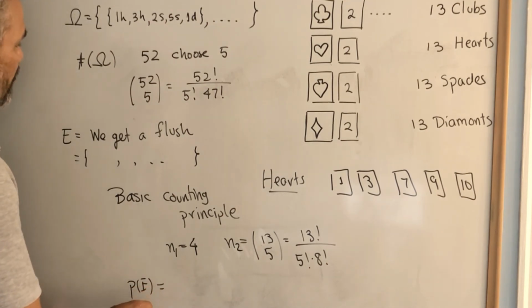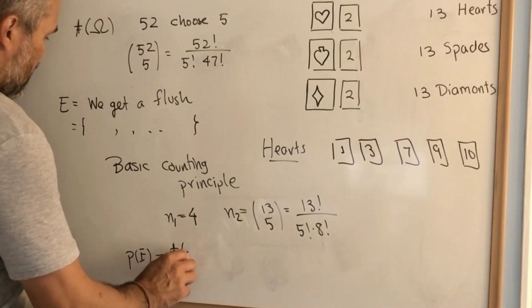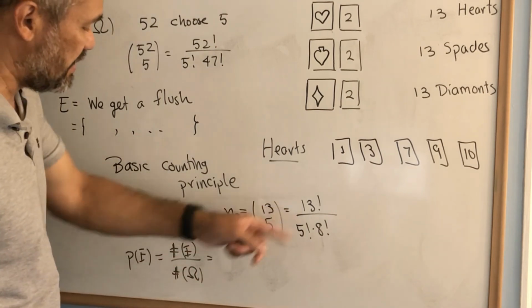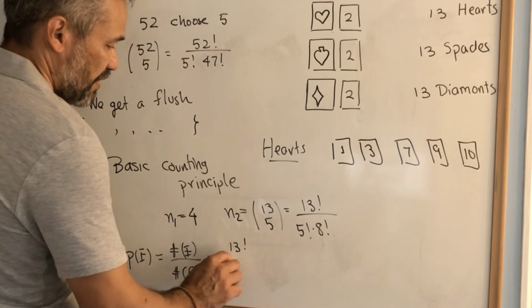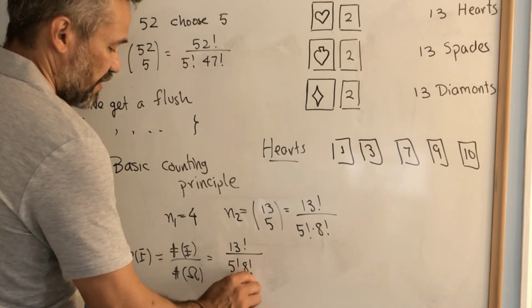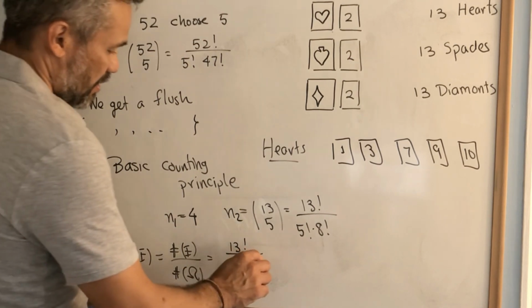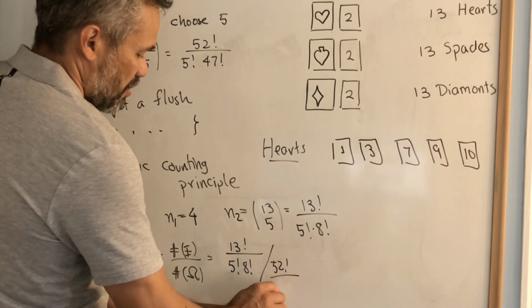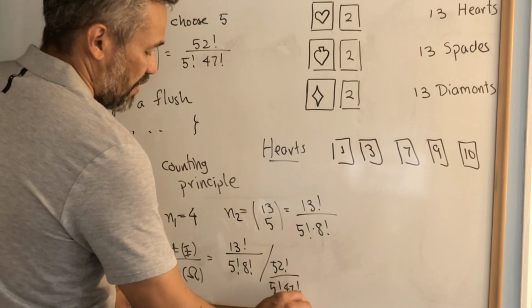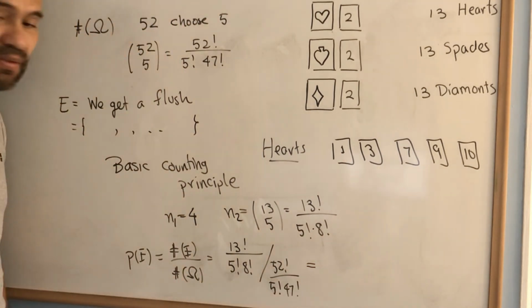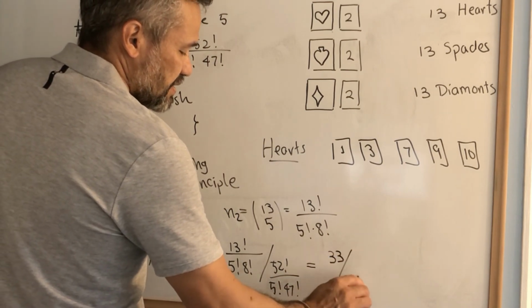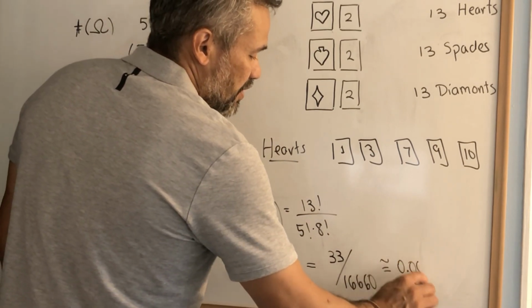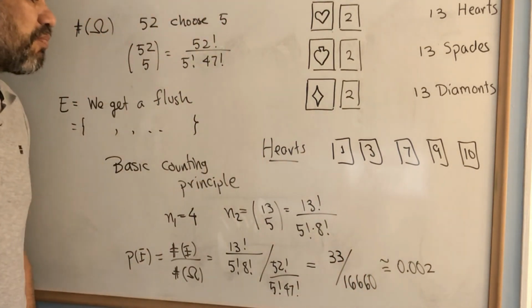Then the probability of E would be the number of elements of E over the number of elements in omega, and in this case the number of elements in E is 13 factorial over 5 factorial times 8 factorial, divided by 52 factorial over 5 factorial times 47 factorial, and this is equal to 33 over 16,660, which is approximately equal to 0.002.